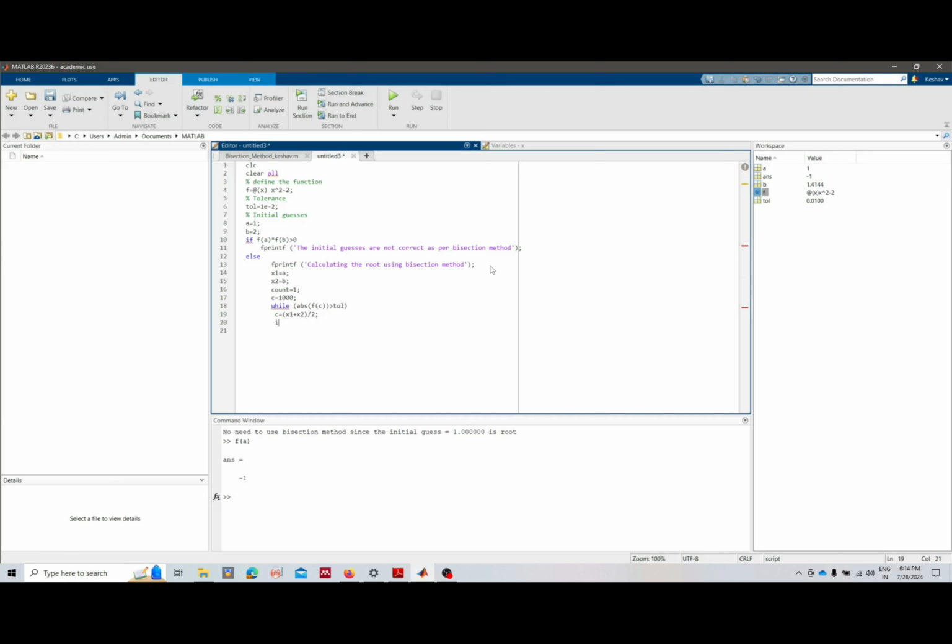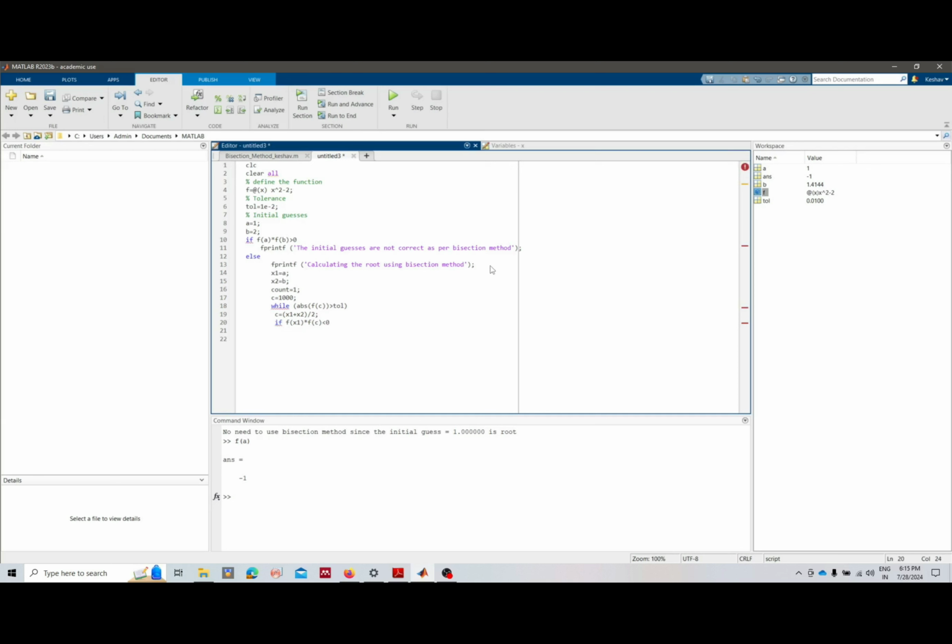Now we need to find the interval. So if the function of x1 multiplied by the function at C is positive, meaning f at C has the same sign as f at x1, then we need to replace that.